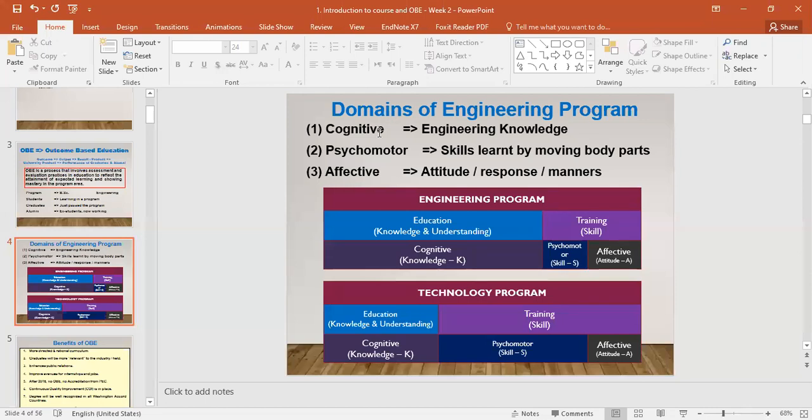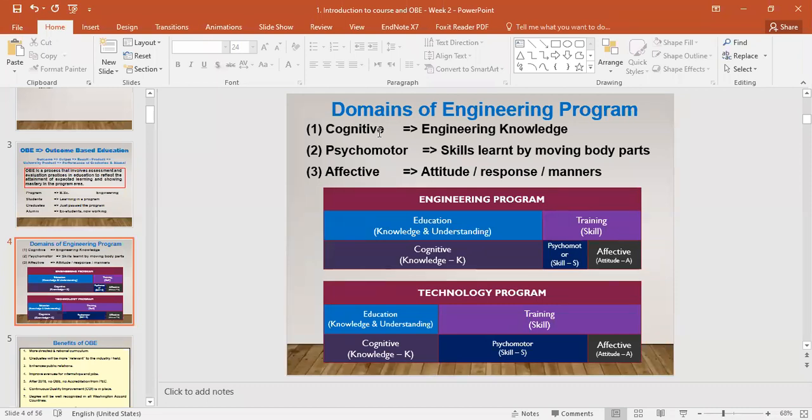Psychomotor domain covers that we will draw some drawing objects practically by our hand. For example, we will draw ellipse, polygons, hyperbola, parabola, and orthographic projections. That will come under the psychomotor domain of learning.